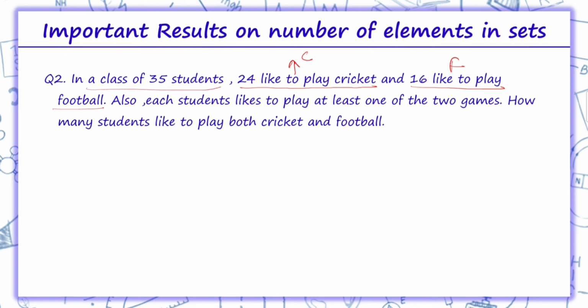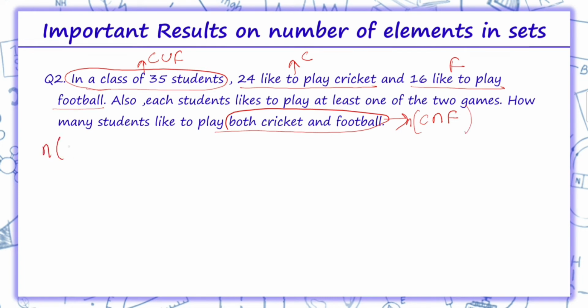We are provided with a class of 35 students, which means we are provided with C union F, that is, the total number of students is 35. We are supposed to calculate the students who like to play both cricket and football, that means C intersection F. In the question, n(C union F) is 35, n(C), the number of students who like cricket, is 24, and n(F), the number who like football, is 16.